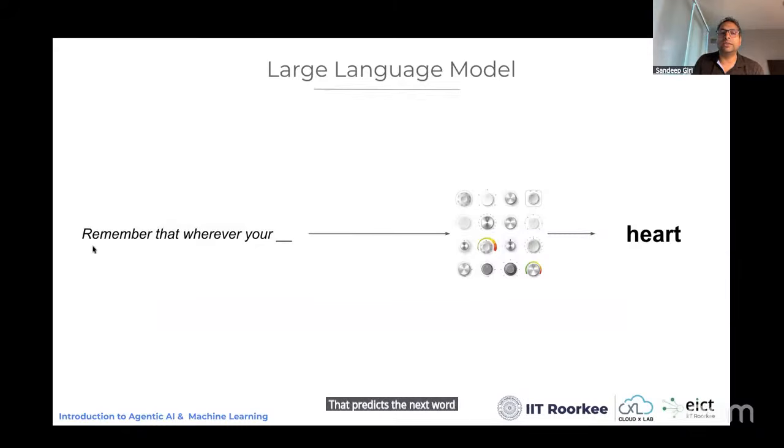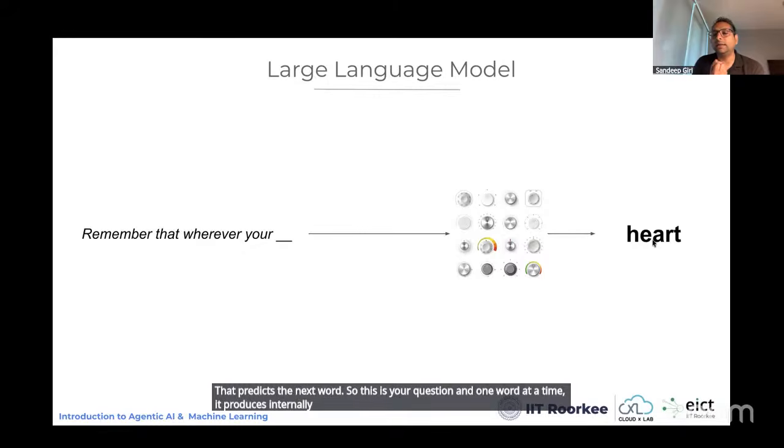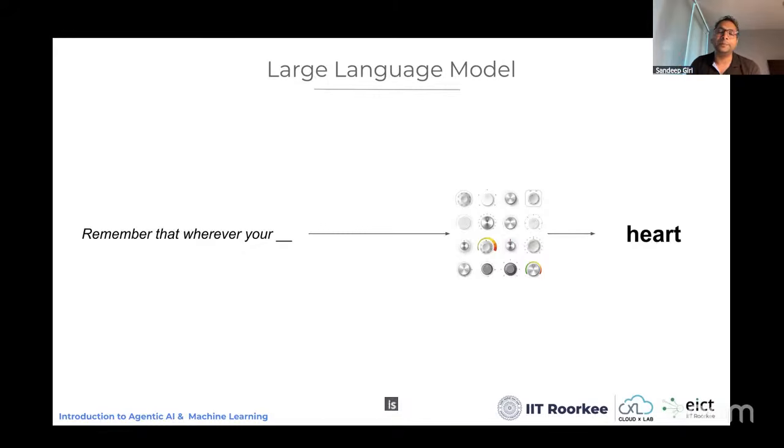So this is your question, and one word at a time it produces internally, and then assembling all of those words is what ChatGPT and similar systems do. Using a neural network, this machine learning model has learned to predict the next word from the phrase.